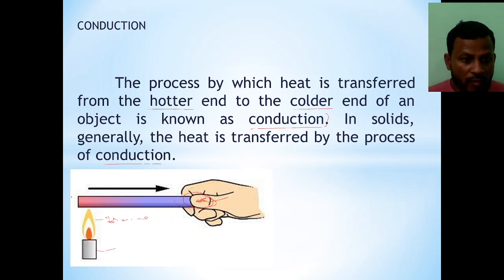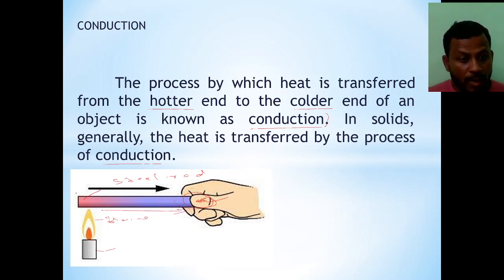Why? Because this is the steel rod, okay? When the steel rod is heated from one end, slowly the heat starts to transfer from one end to the other end. Why?